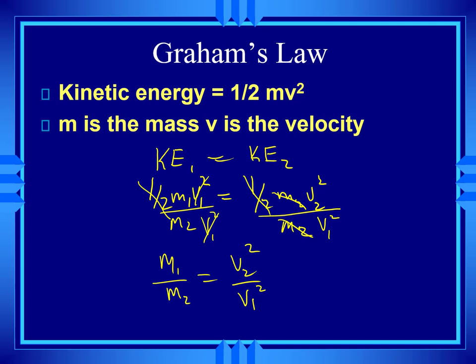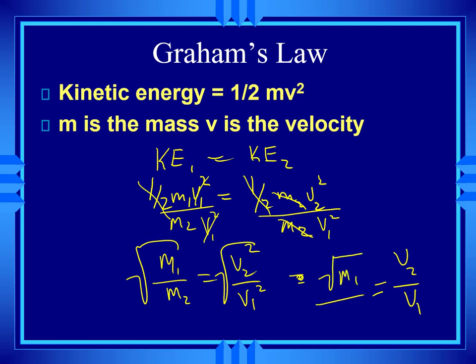Now I simplify by taking the square root of both sides, and I get that v2 over v1 is equal to the square root of the mass of 1 over the square root of the mass of 2. So there we have the inversely proportional. See how it's inverse? It's flipped.